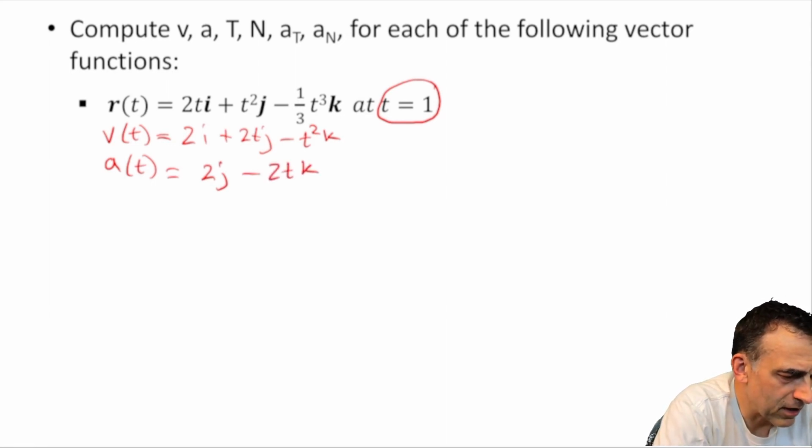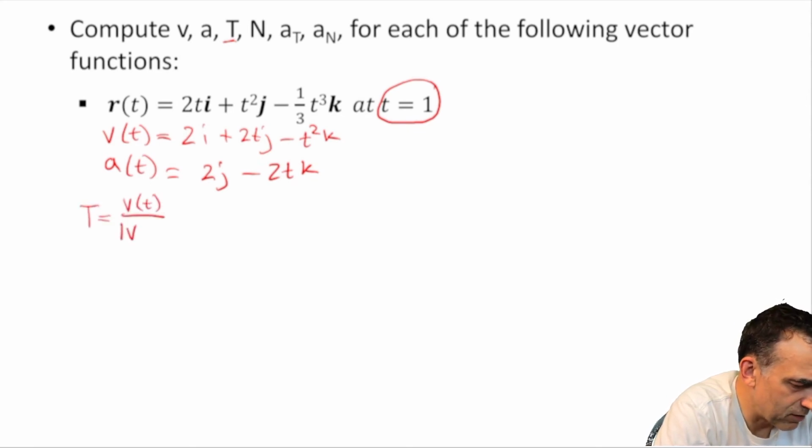In order to get some of these other things, well, let's get the unit tangent vector first. Unit tangent vector is the velocity divided by the magnitude of the velocity. So even though it didn't tell me to compute the speed here, I'm going to do that. And I'll do it up here since I ran out of room down there.